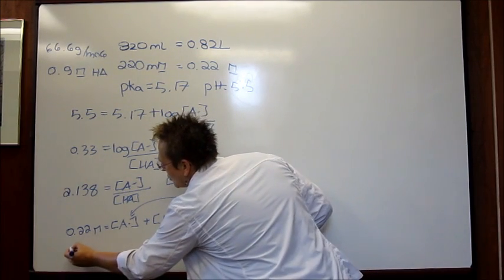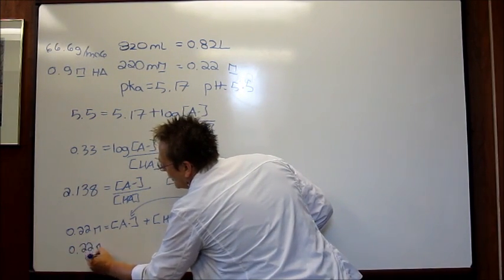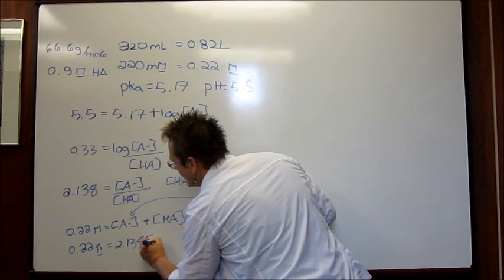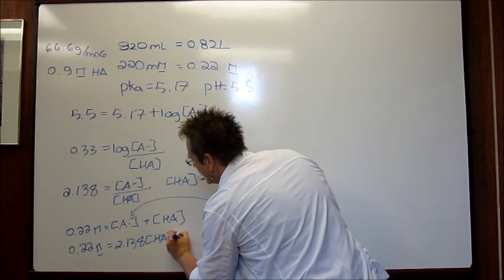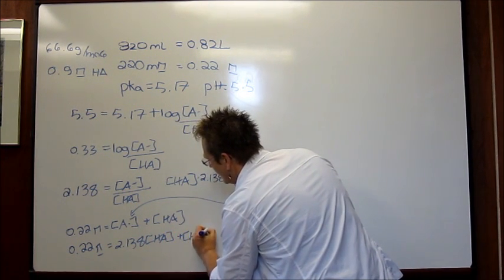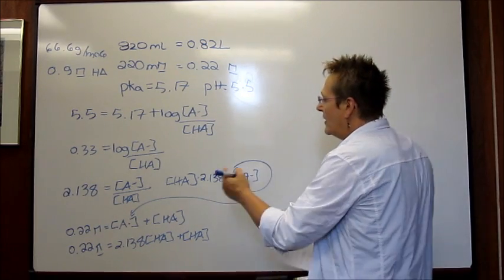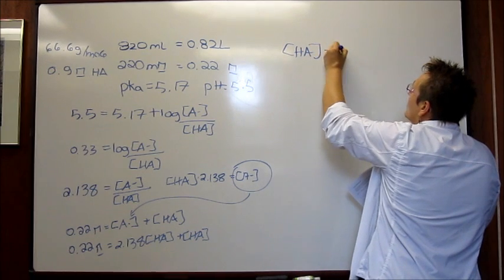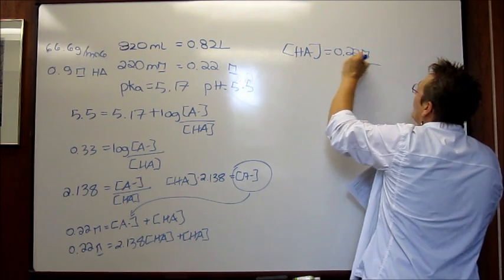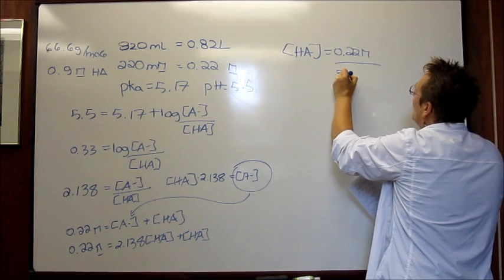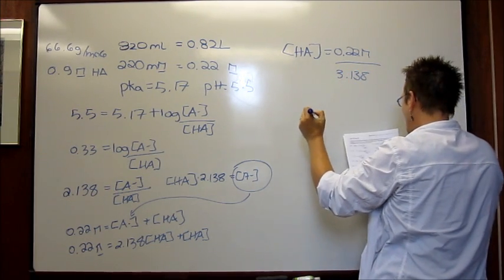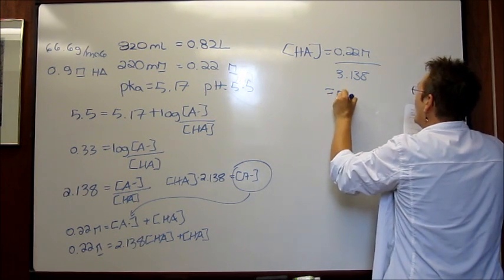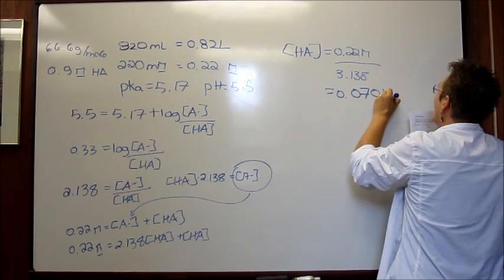So I will say 0.22 molar is equal to 2.138 times HA plus 1 times HA. And that can then solve for the concentration of HA to be equal to 0.22 molar over 3.138, which gives us a value, when you do the math, of 0.0701 molar.